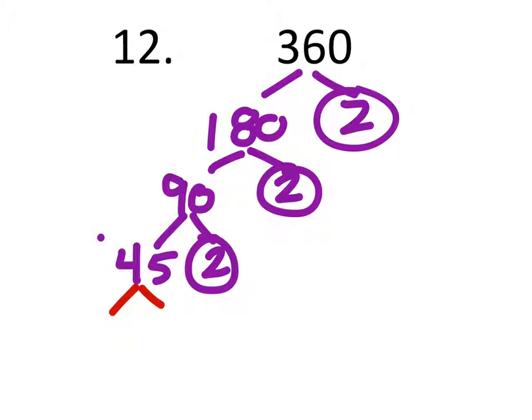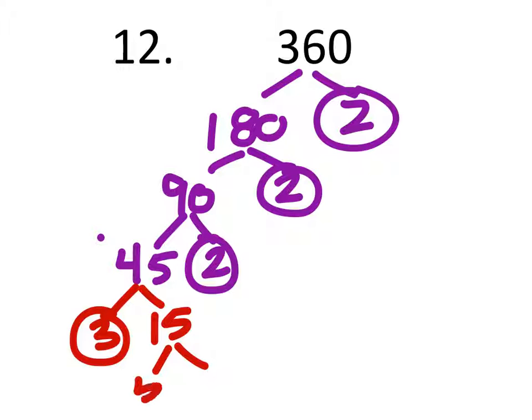45, though, should split up a little bit differently. Okay? 3 and 15. It's not what I was expecting, but it works. That's very good. 3 is prime. Was anyone thinking 9 and 5? Because that's what I was thinking. But no, 3 and 15 is good, okay? So don't worry about that. 15, I get another 5 and 3 there.